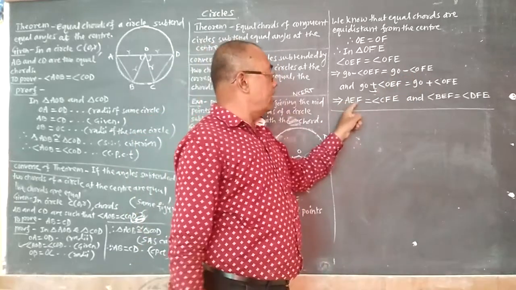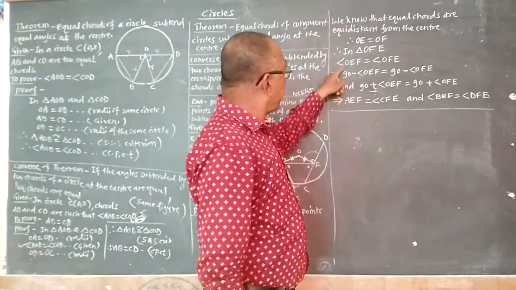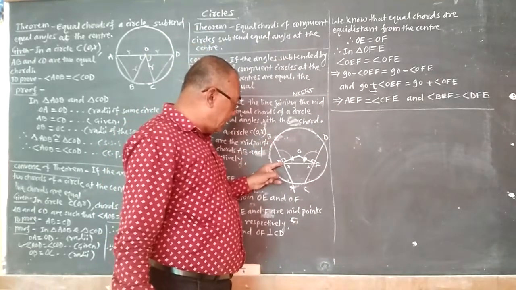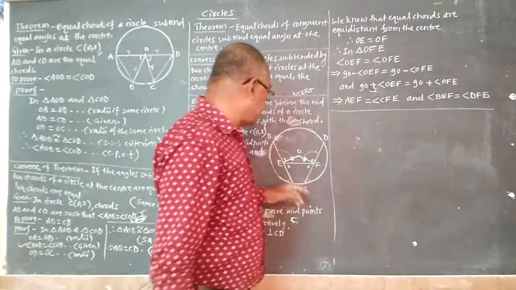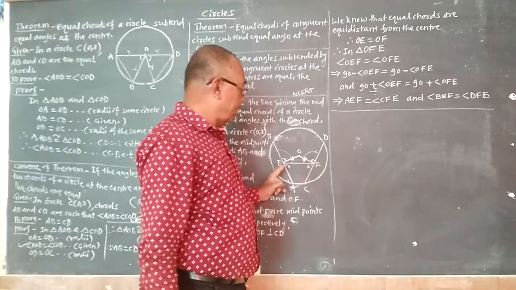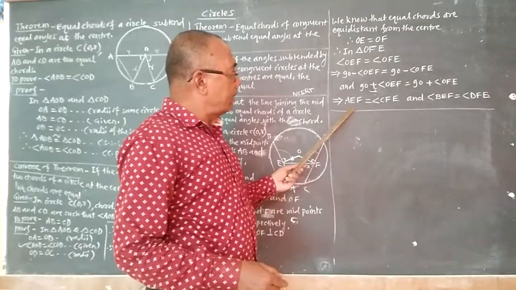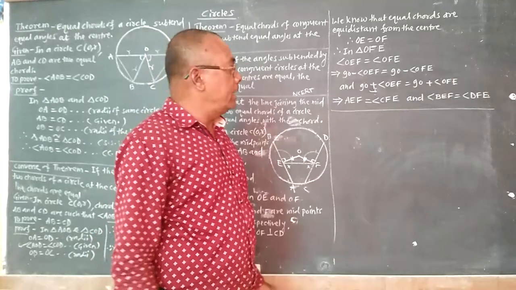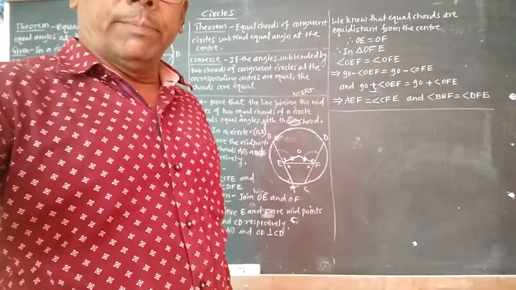So angle AEF equals angle CFE, and 90 plus angle OEF is angle BEF, and 90 plus angle OFE is angle DFE. We have proved that AEF equals CFE and BEF equals DFE. In this way we have seen some properties.